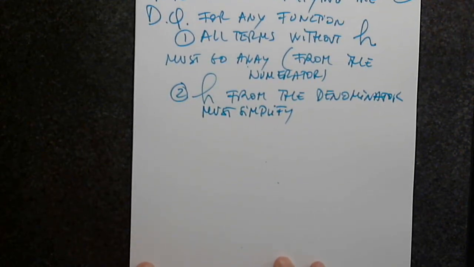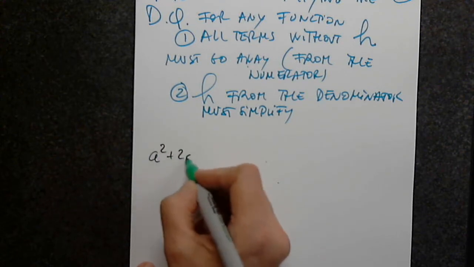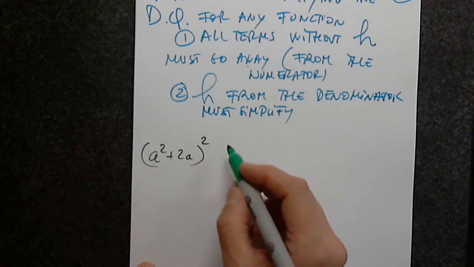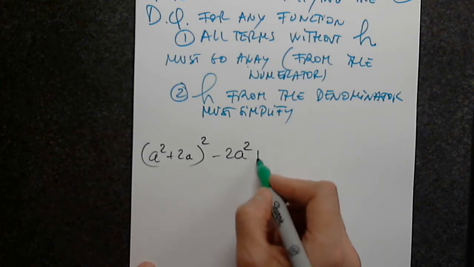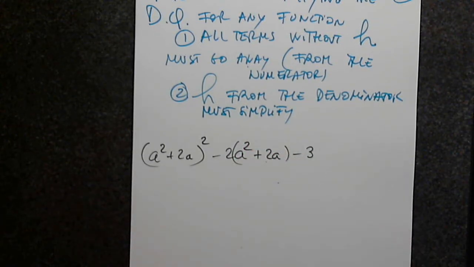Yes? Okay. So this is (a squared plus 2a) squared minus 2 times (a squared plus 2a) minus 3. Here is the method that I would apply to this.